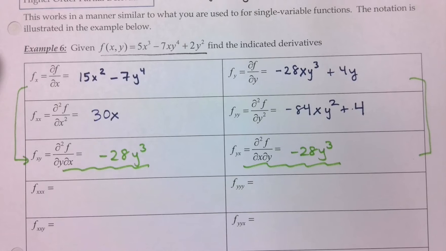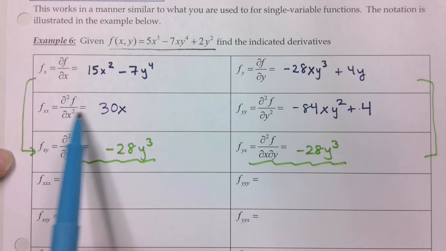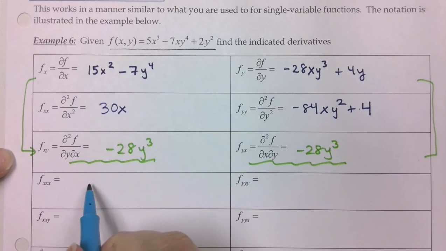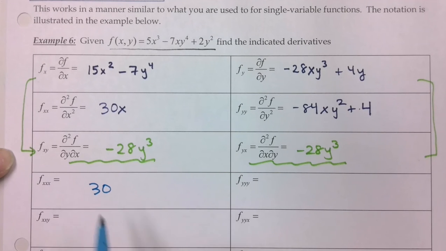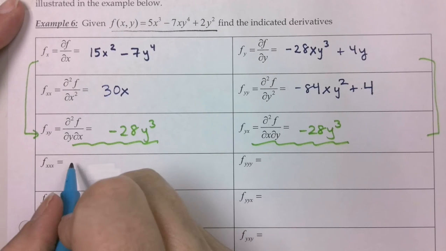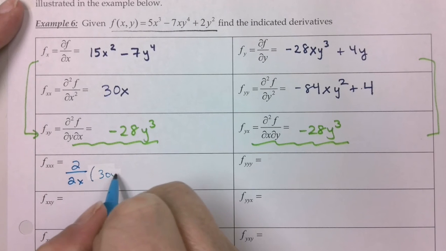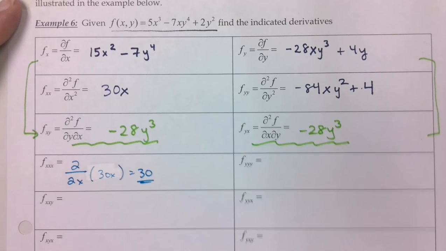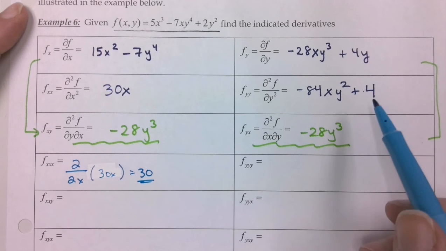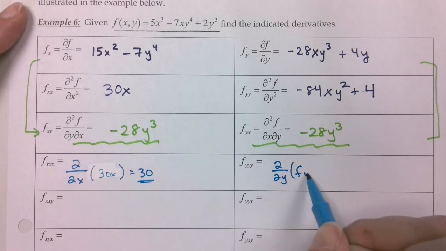All right, so let's go a little bit further. What about f_xx? So I take f_xx, and I take another derivative with respect to x, and that would be 30. Or if you like, here, let me write this out. What you're doing is you're taking the partial derivative with respect to x of 30x, which is 30. f_yy would be the partial derivative with respect to y of f_y.